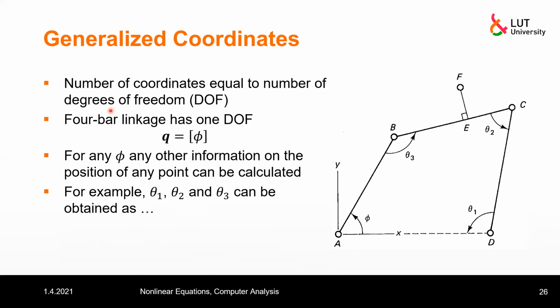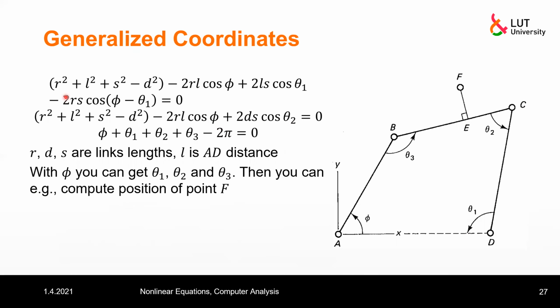And if we know phi in time, or also its derivatives, velocity and acceleration, we can define any other coordinate here, like all those angles or the velocities, positions of the joints, and everything else. So having phi, we can calculate the others, for example, using those equations.